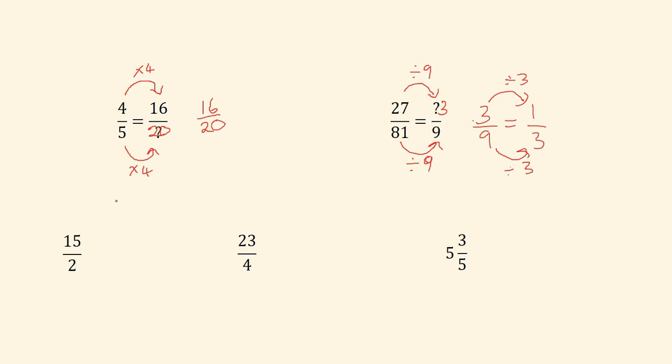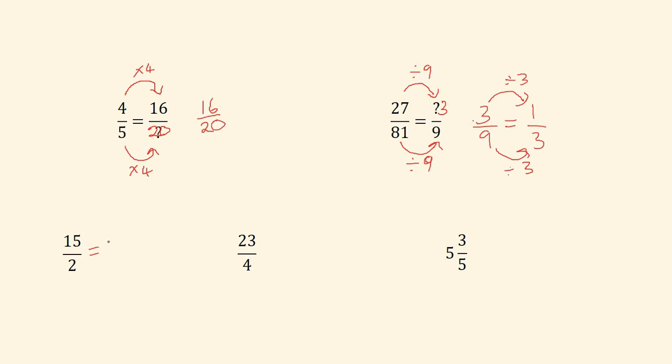Lastly then, I've just got some examples here of fractions that we can convert either from improper to mixed number or a mixed number to an improper fraction. So 15 over 2, we've got to think to ourselves, how many whole ones can I get out of that? So if you think about it, what you're really saying is, how many times does 2 go into 15?